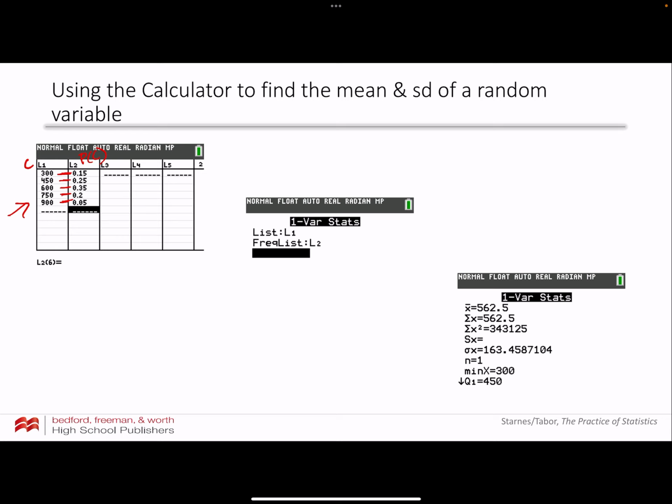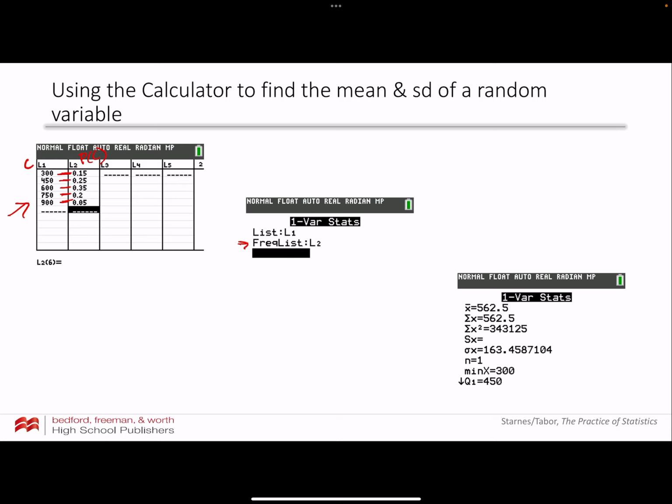After you have your data in L1 and L2, or L whatever and L whatever, it doesn't matter, you're going to go into one variable statistics. So go back to your home screen, second quit, and then hit stat, calc, one variable statistics. And before now, I've told you to just leave this blank. Well, now we're going to fill that in.